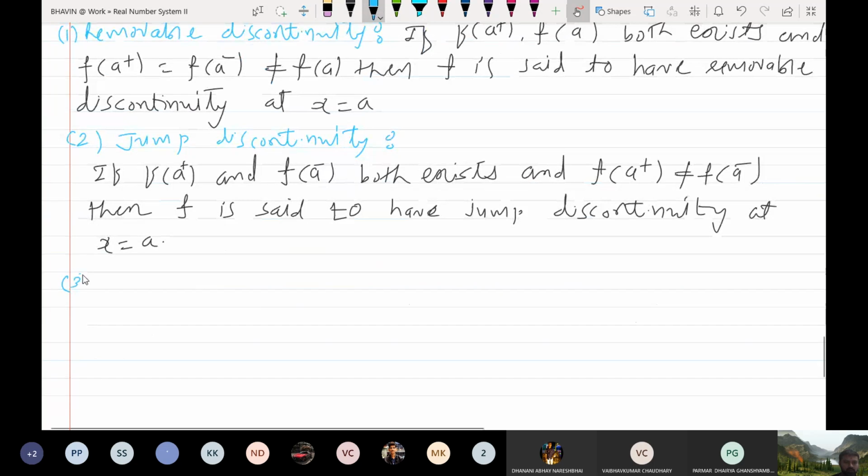Third definition, continuity type 1. If f has either removable discontinuity or jump discontinuity, then it has first kind discontinuity or type 1.